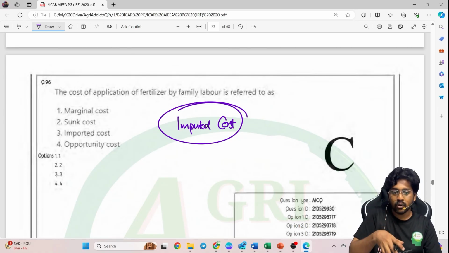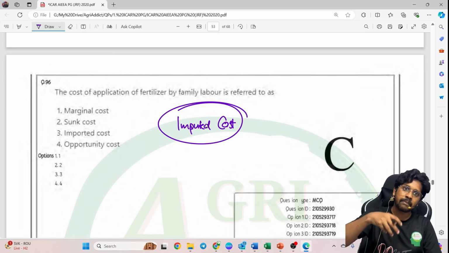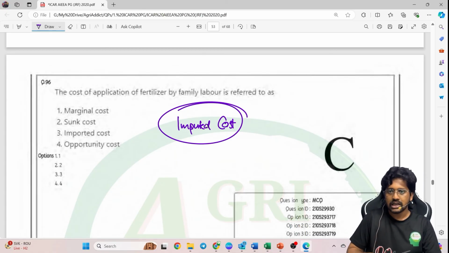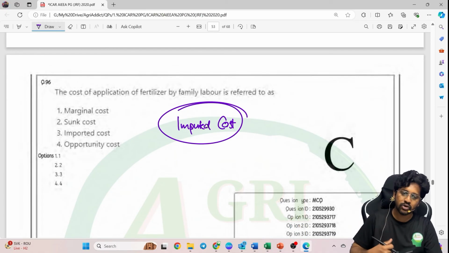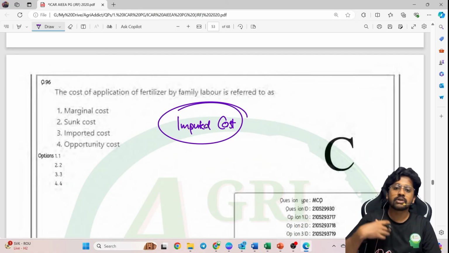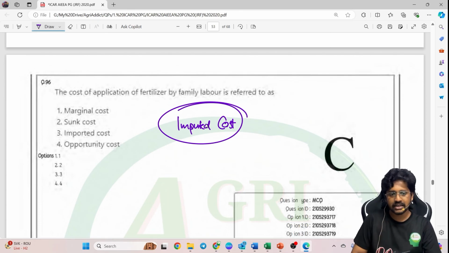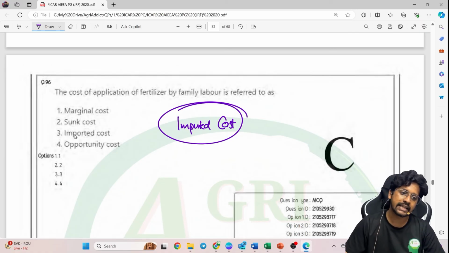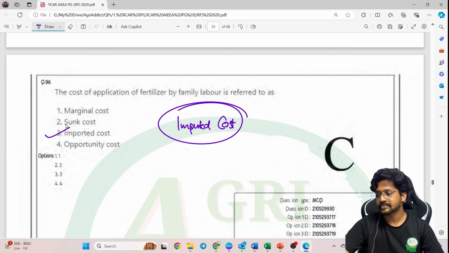But the cost given to the self-employed resources, like if he is having machinery of his own, tools and implements of his own, or his own labor work dedicated to the production process, is actually not paid out from the pocket, right? But it is to be considered in the economic cost calculation. So the cost of the owned resources can be considered as the imputed cost, and option 3 will be the correct answer.